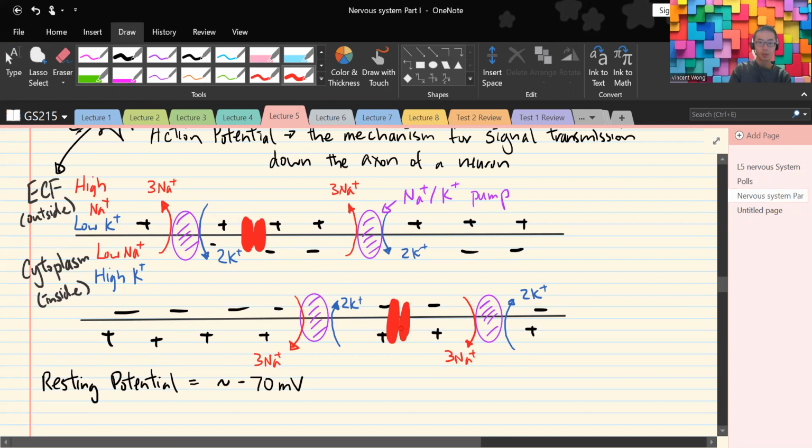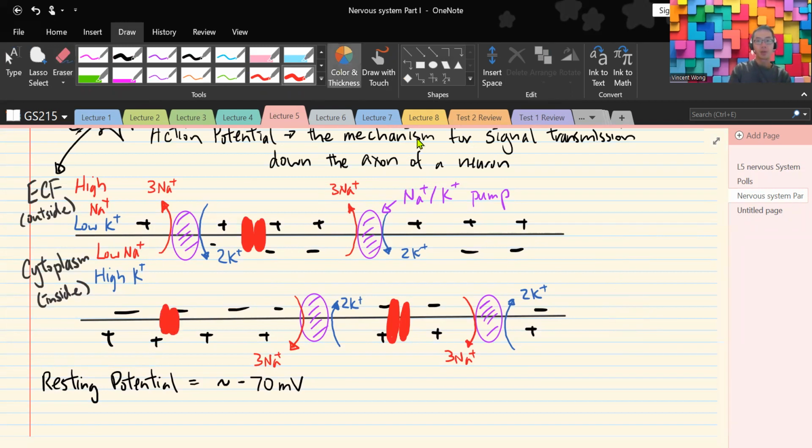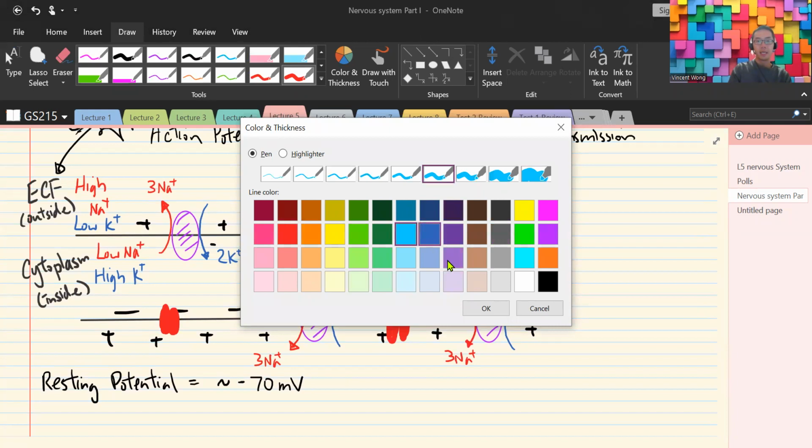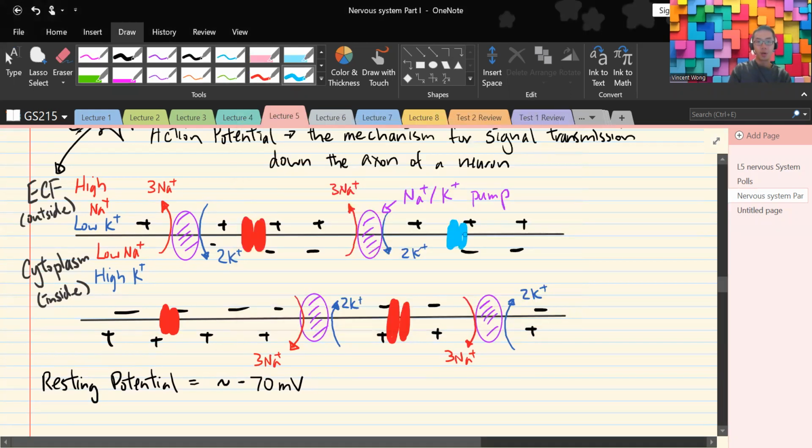Think of them as little doors. That would be open, that would be closed. So sodium channels are closed right now, and then you will also have potassium channels, which are also closed.